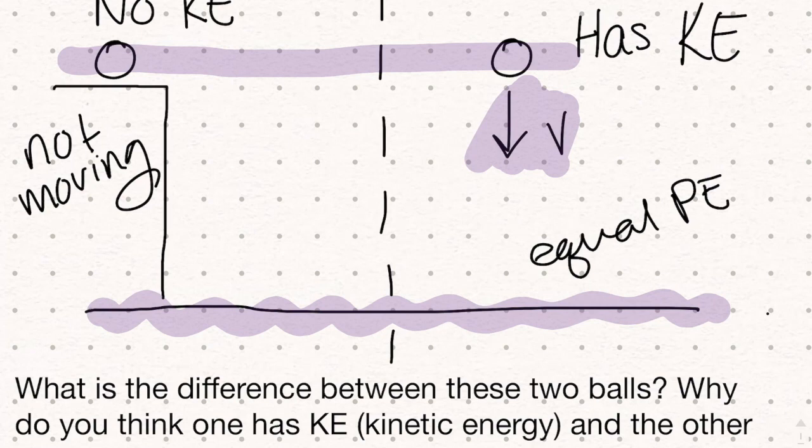The one that is moving has kinetic energy. Using context clues, maybe researching some words, and finding out that kinetic has to do with motion, I deduce that the ball on the right has kinetic energy because it is moving.